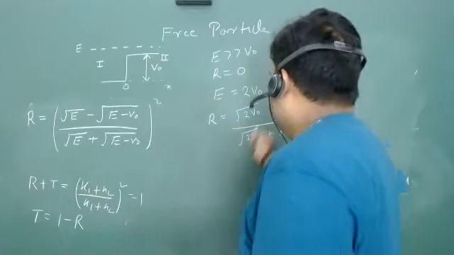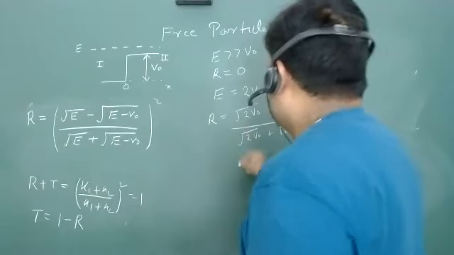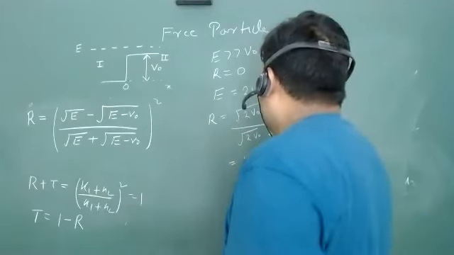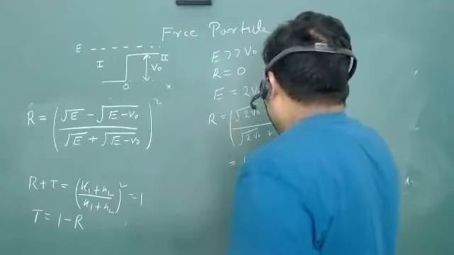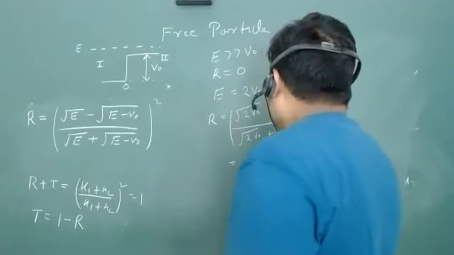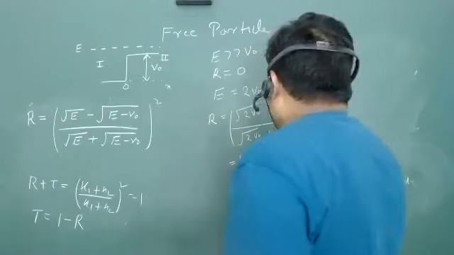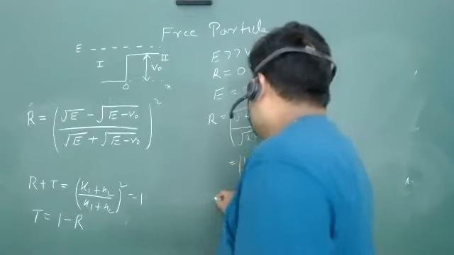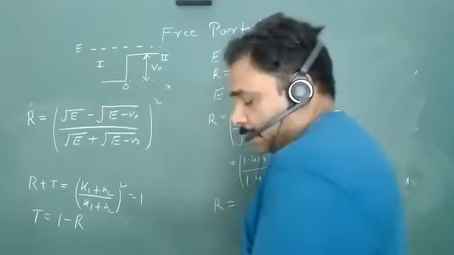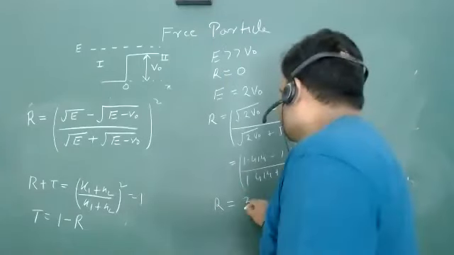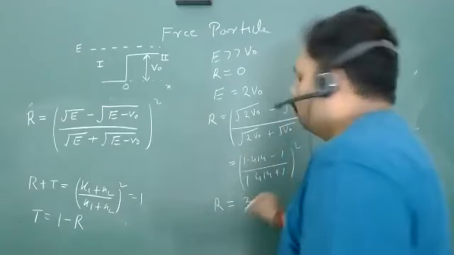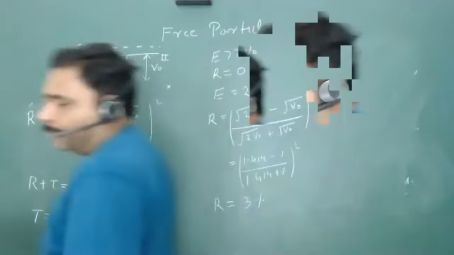Now root V naught will cancel out, so you have (1.414 minus 1) and you have to take the square, upon (1.414 plus 1). If you take this square, you will get a reflection coefficient of about 3%. 3% means 3 upon 100.